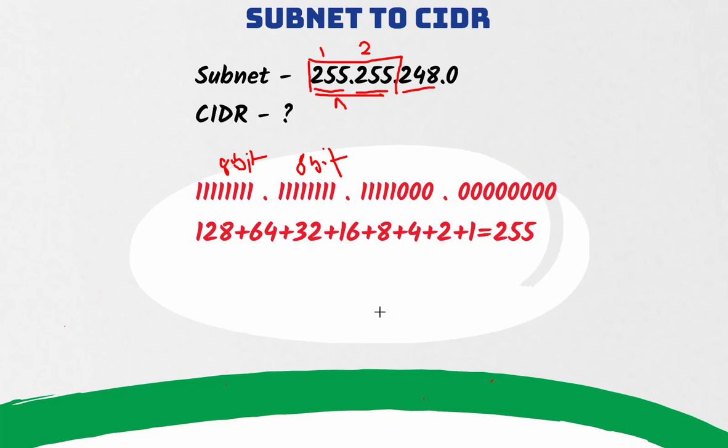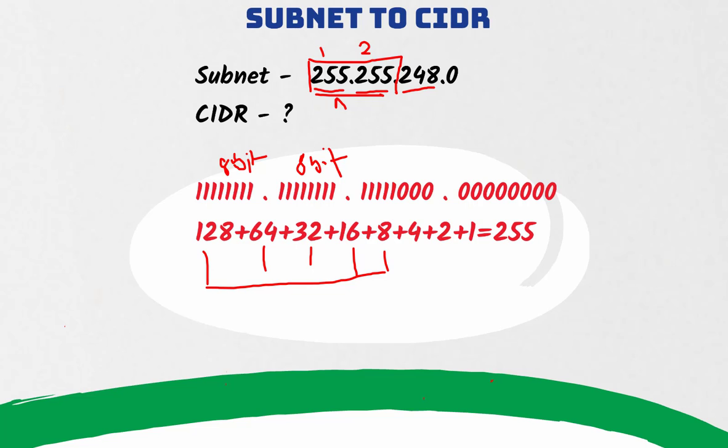How does 248 come? If I take 128, then 64, then 32, 16 and 8, the first 5 bits: 32 plus 8 equals 40. 40 plus 16 is 56. 56 plus 64 means 120. 120 plus 128 equals 248.